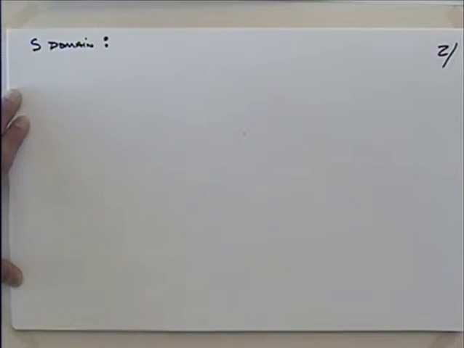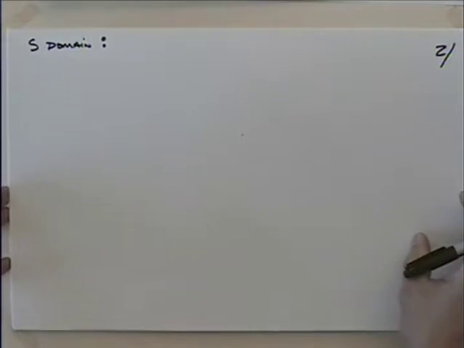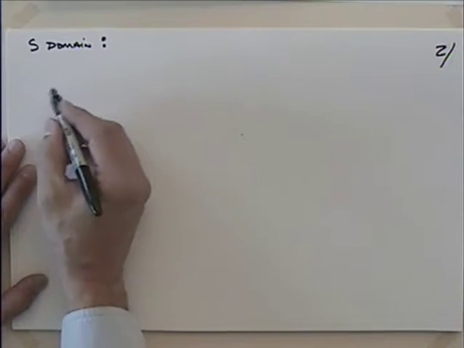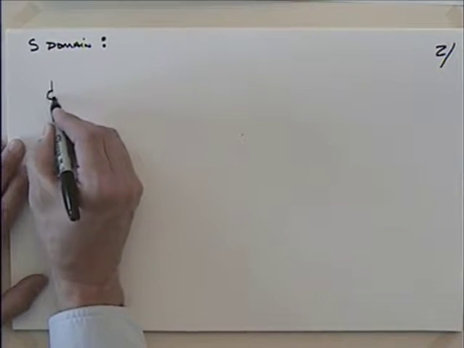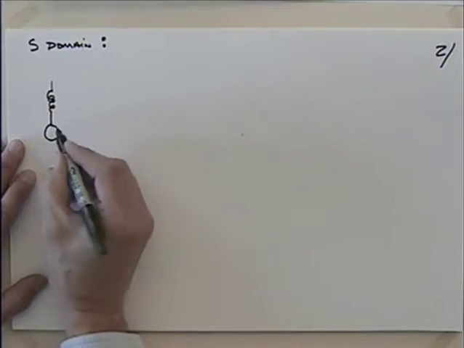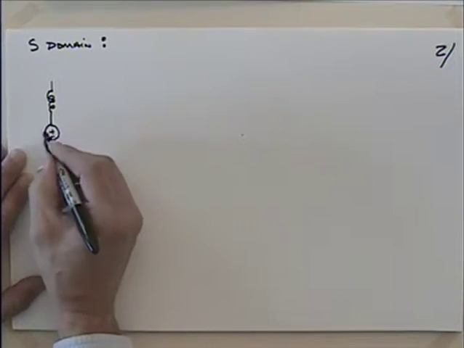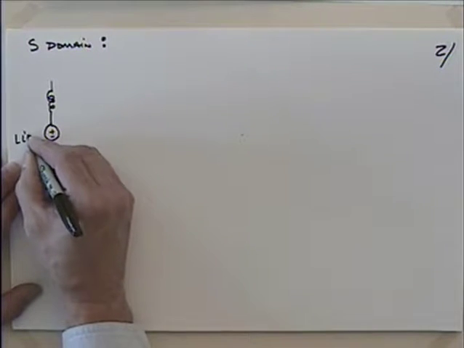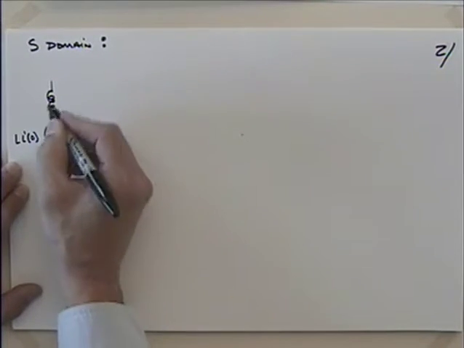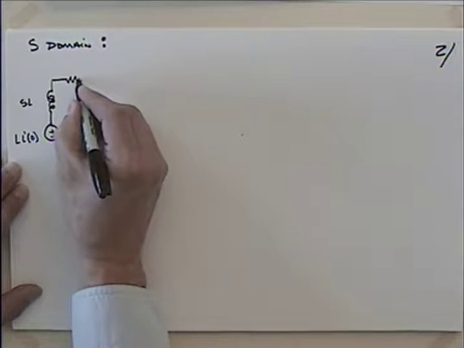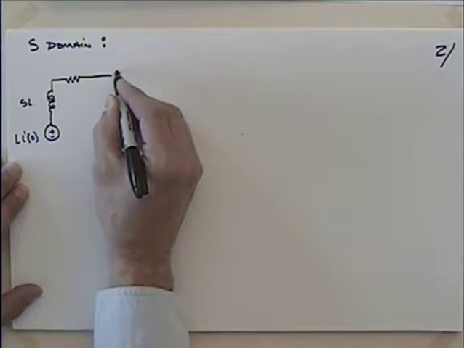So essentially, as I draw this circuit, the circuit's in the S domain. I've already taken the Laplace transform of it, and we talked about the different elements in the S domain. So that inductor has this voltage source in series with it, and that's L times I0. This is S times L. The resistors are the same.